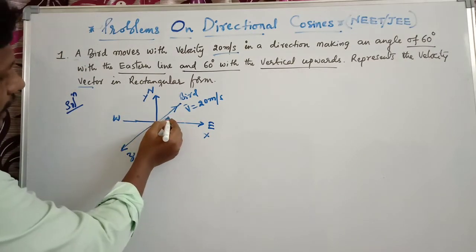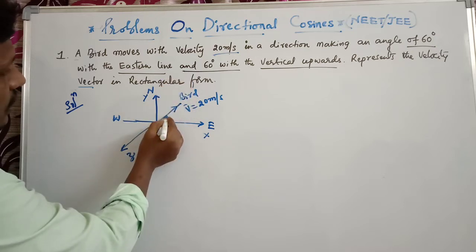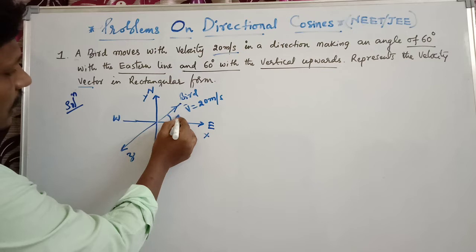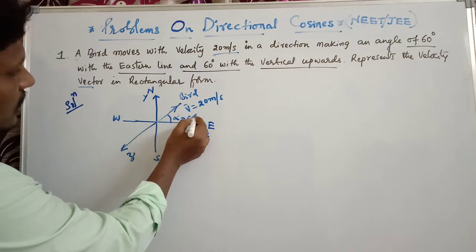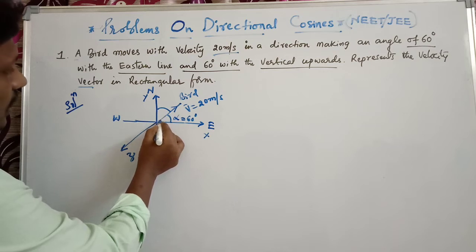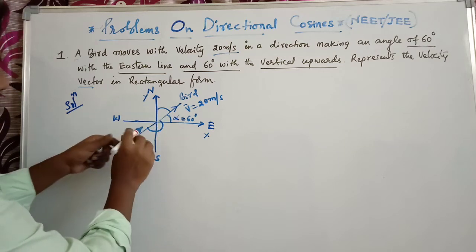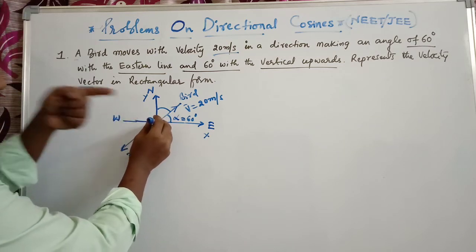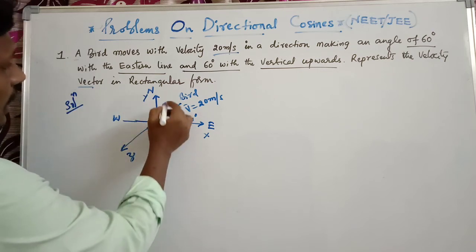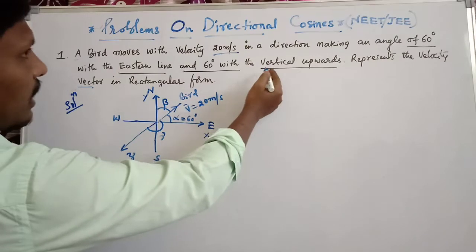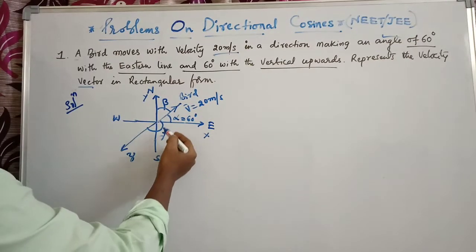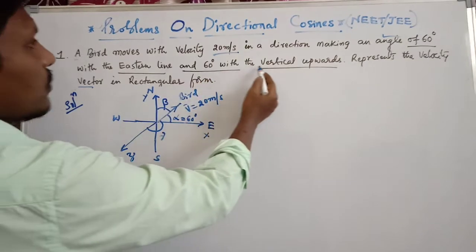Now the angle making 60 degrees with the eastern, that is alpha equals 60 degrees, and this is beta, and this is gamma. The y axis is always like this. One more angle is given: 60 degrees with the vertical upwards.